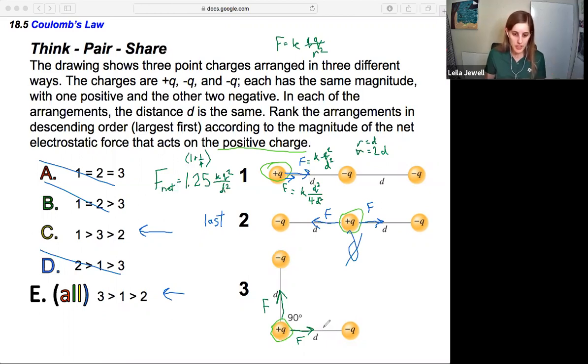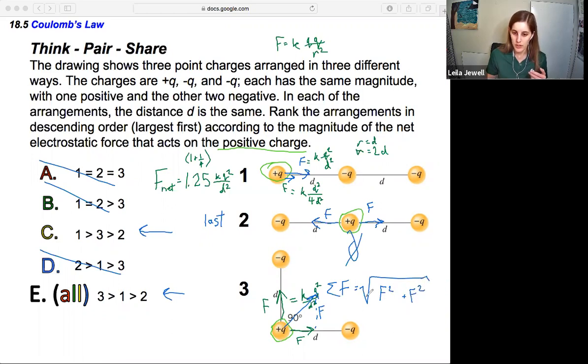For this other case, the magnitudes of the forces are both going to come out to k q squared over d squared, or 1. So when we combine them, to get this net force that is perpendicular, we note that we have a force plus a force, and we want to find the net force. So the sum of the forces is going to be equal to the square root of one force squared plus the other force squared.